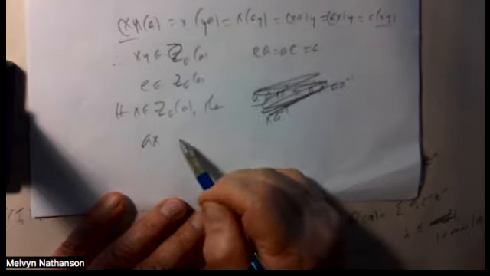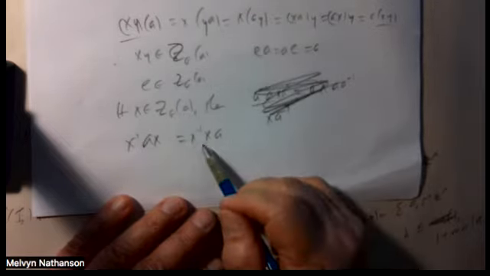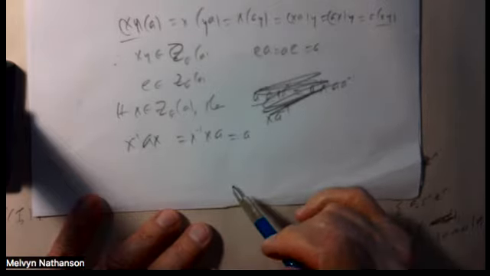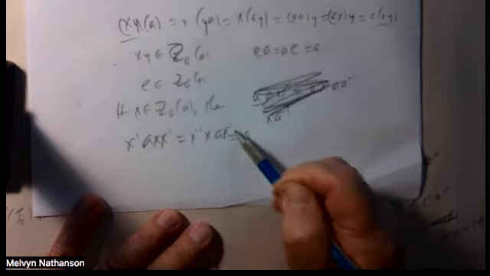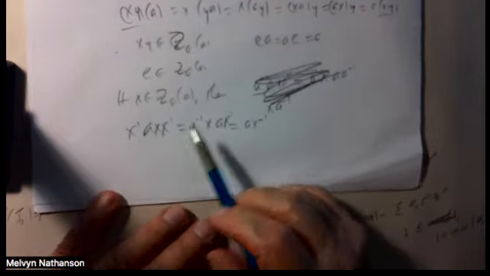So if X is in the centralizer, AX equals XA. If you multiply on the left by X inverse, you get this. X inverse AX is X inverse XA, which is just A. Multiply on the right by X inverse, you get this. But X inverse X again is the identity.